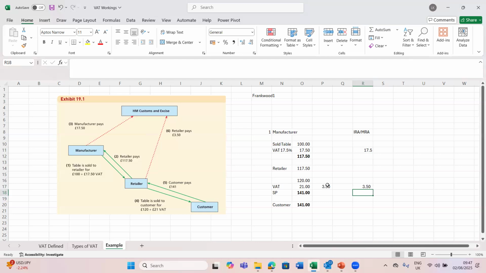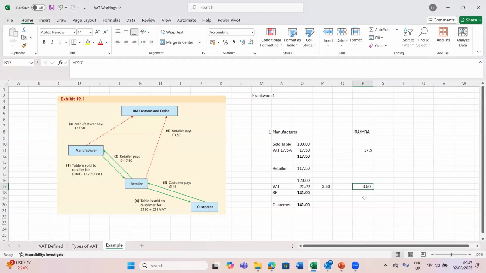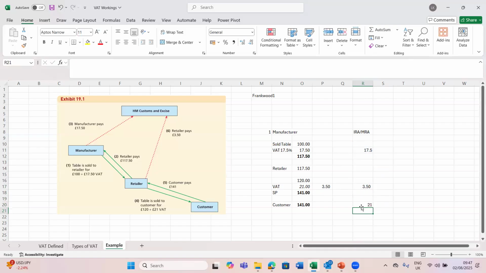At the end of the day, this tax, which the final customer has paid, has been paid to what? To the Revenue Authority. Okay, if you add these two, you find that the customer has paid the full 21 pounds as VAT.